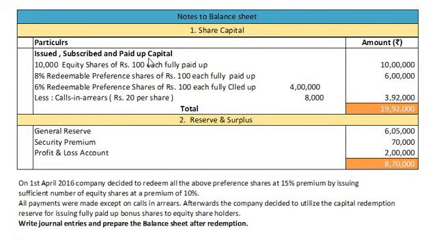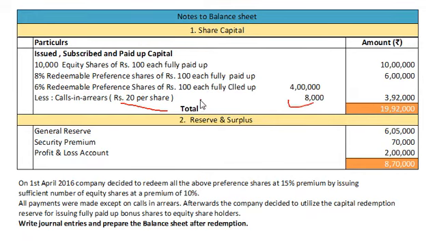Here we have share capital in the company's balance sheet: 10,000 equity shares fully paid up, 8% redeemable preference shares fully paid up, but 6% redeemable preference shares of 100 each, fully called up, amount rupees 4 lakh, but there are calls in arrears of rupees 20 per share, amount rupees 8,000.